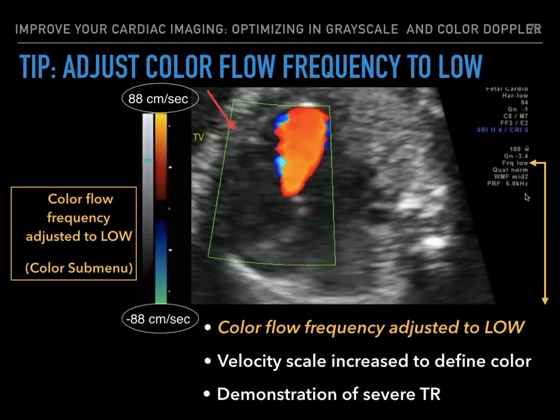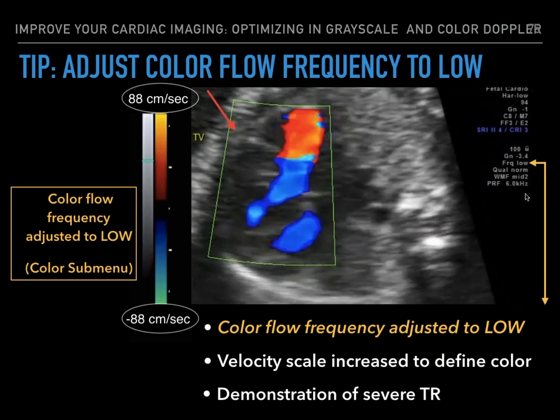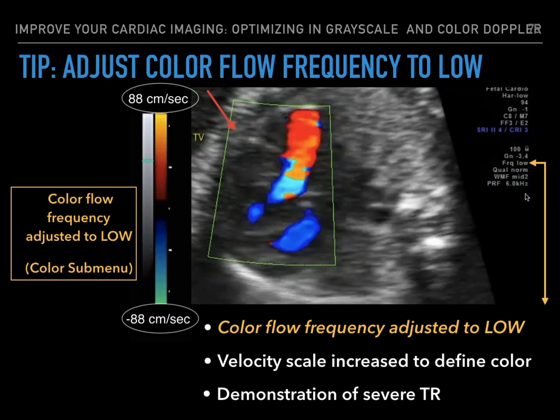So what were the steps that were done? Color flow frequency was adjusted to low, by going into the color submenu. And the velocity scale was increased to 88 centimeters per second to define the color of the tricuspid regurgitation. Here just demonstrates severe TR.